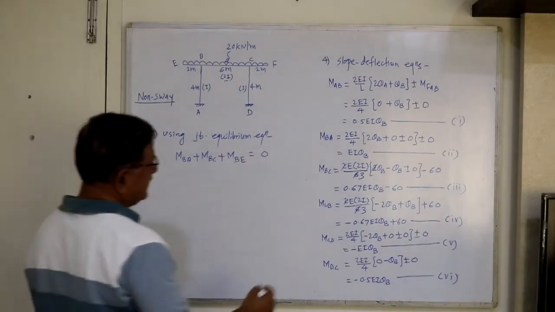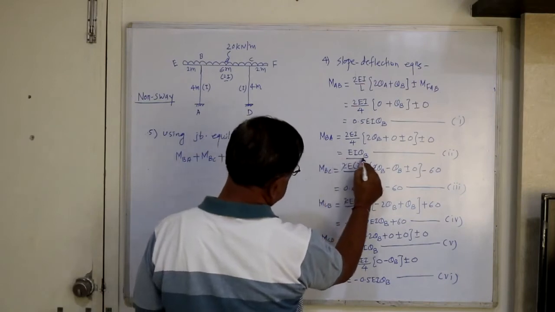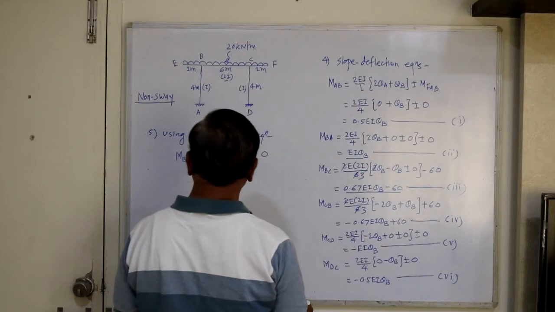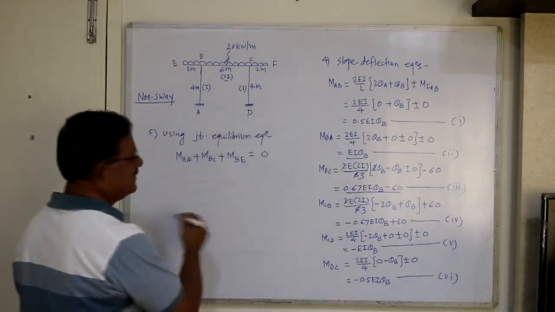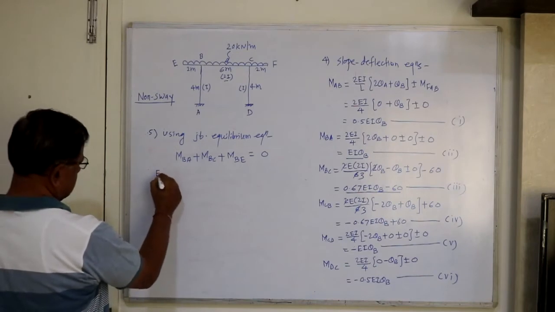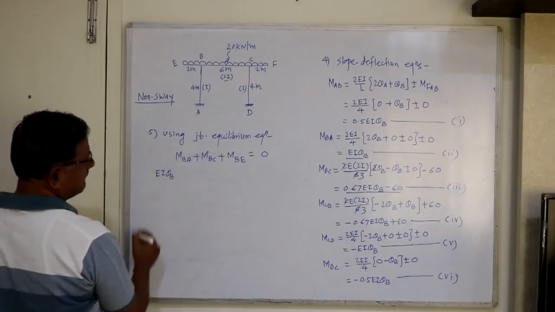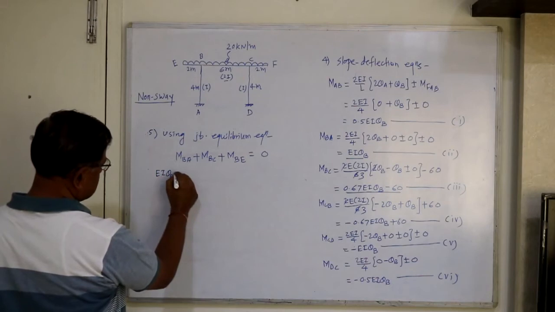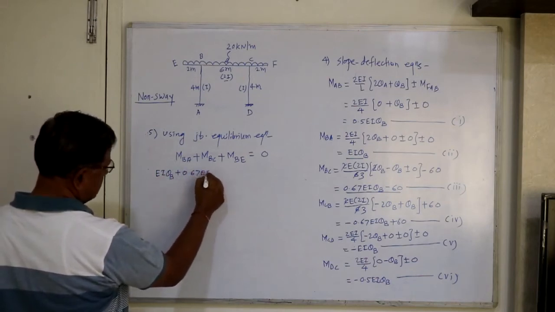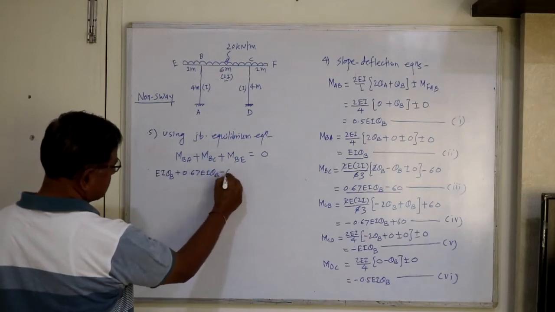Now MBA is this, then MBC is this, and MBE, BA directly will get the value. So you substitute here, that is EI theta B, then plus 0.67 EI theta B minus 60.